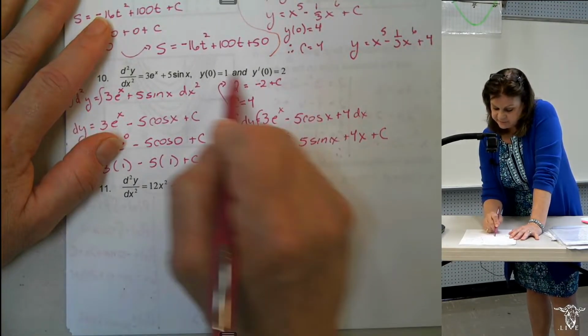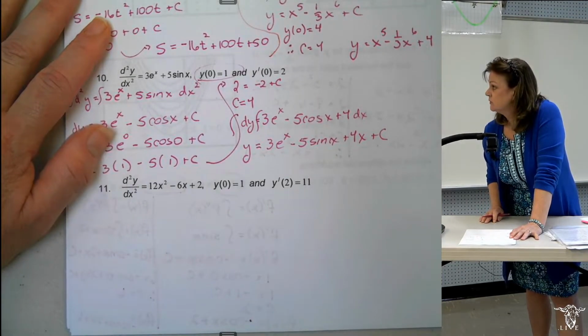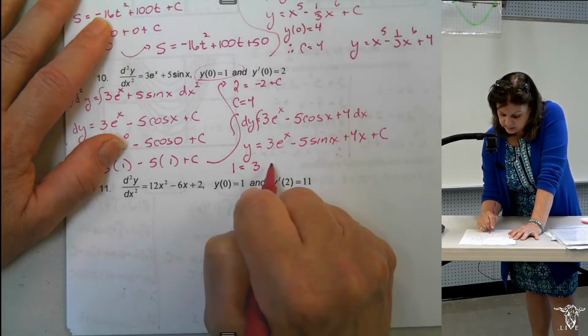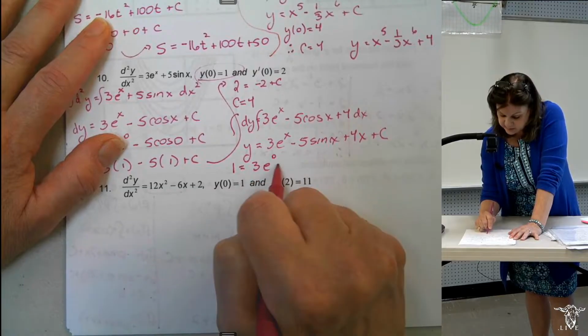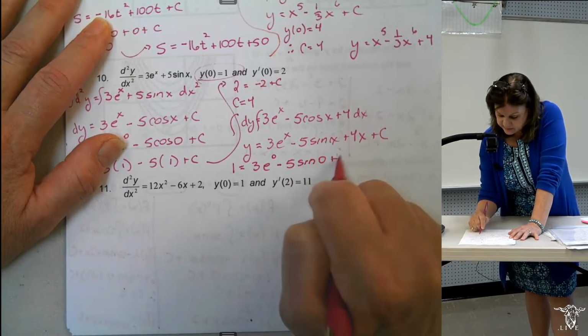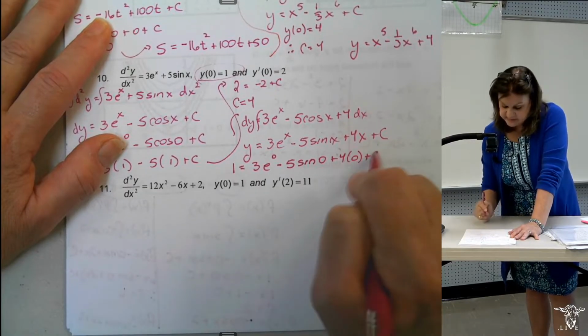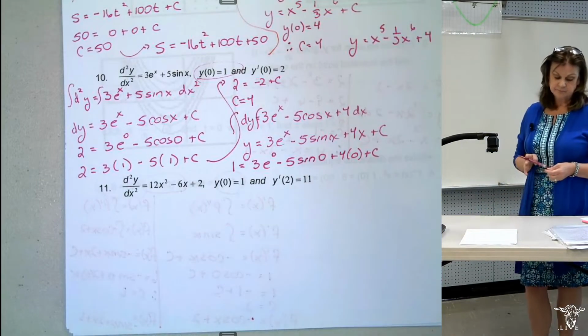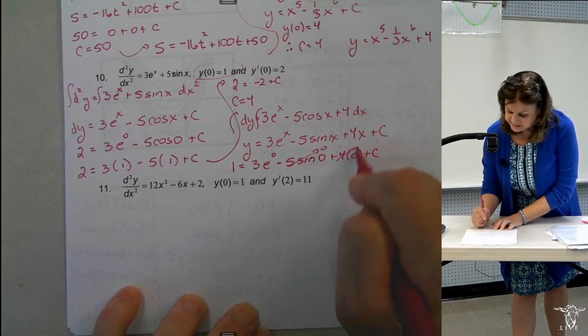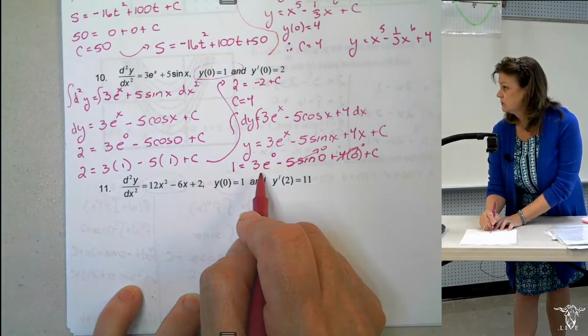And our condition for the function y of 0 is 1. So 1 is 3e to the 0, 5 sine 0, 4 times 0 plus c. Well, of course, sine 0 is 0, that's 0, and this is going to leave you just 3 times 1.